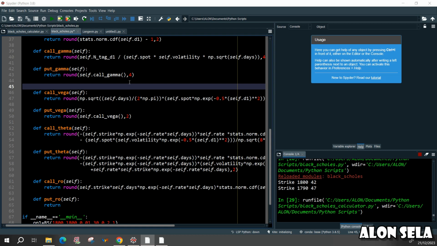Now basically the other Greeks are built the same way, with the same method. I took the formulas. You can see all the formulas on my website, and just follow the formulas and write them in the Python code.